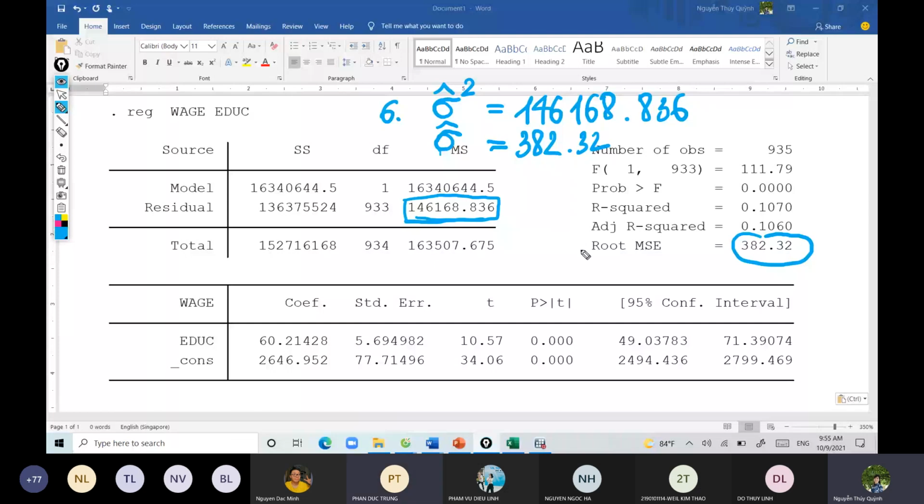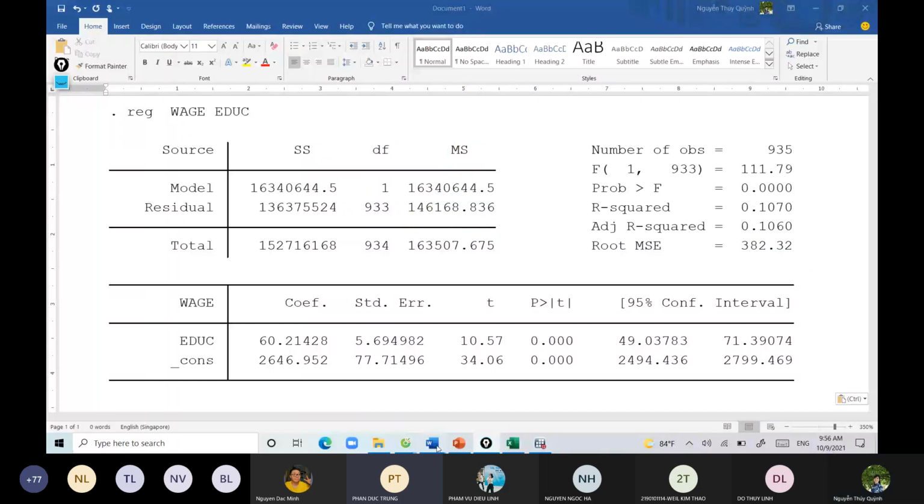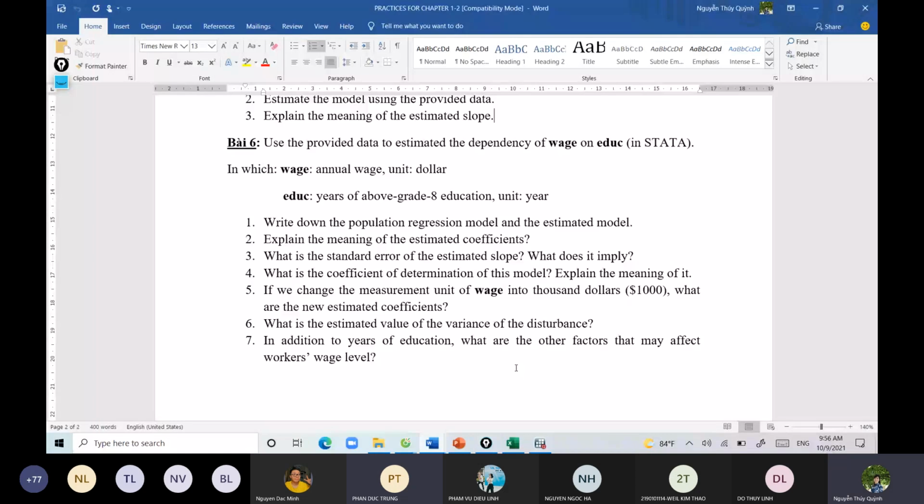About question 7, I think we will base it on the other variables in the data. So we have age, race, experience, IQ, sex, marital status, and some other variables that I'm not really sure what they are.